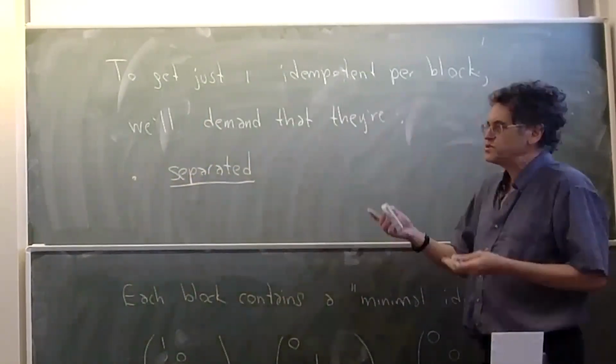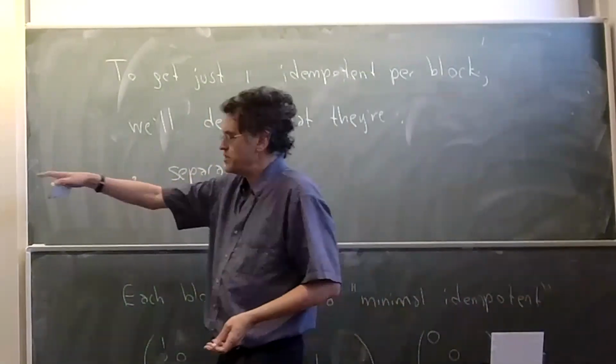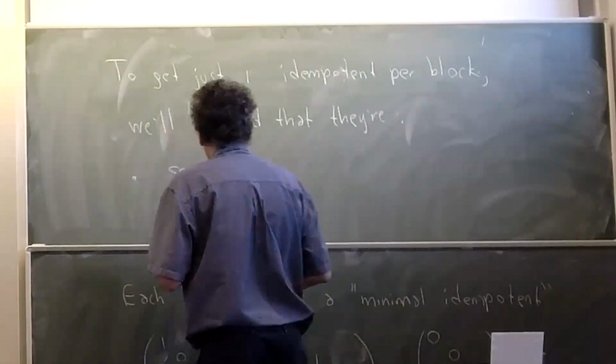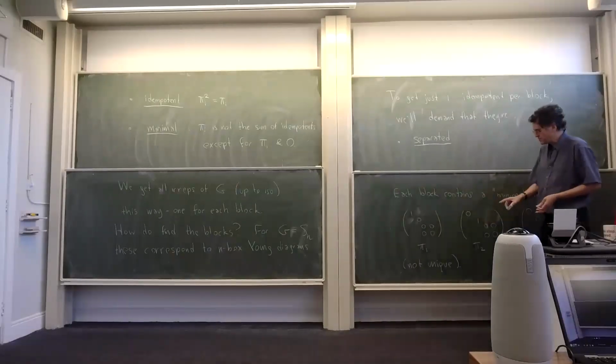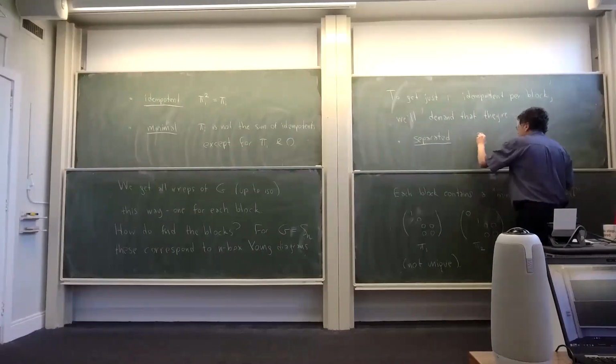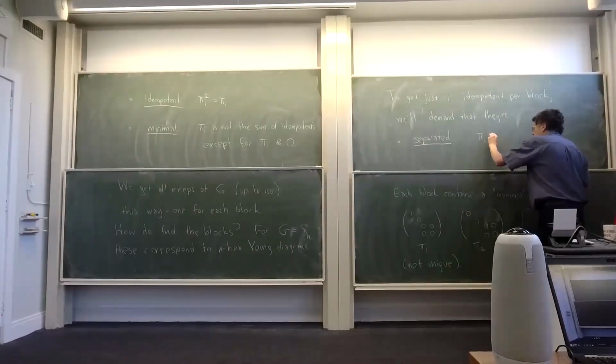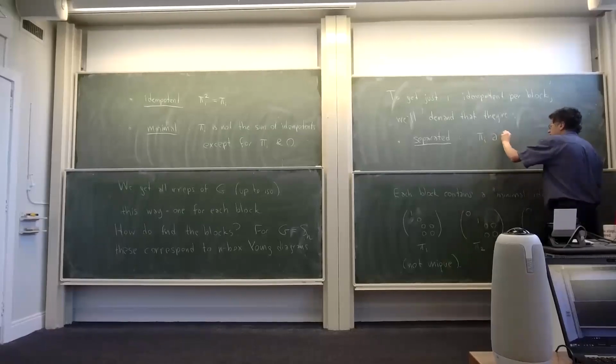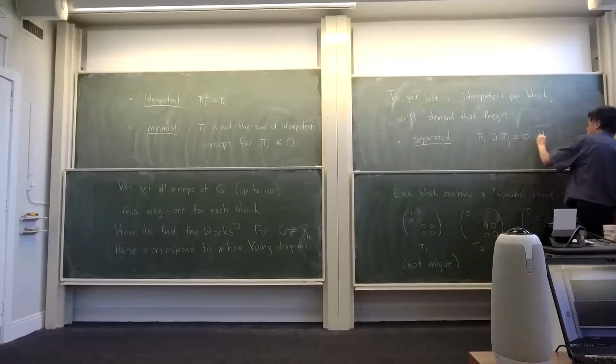It means that if we have two different of these idempotents, well, first of all, we want their product to be 0, but much stronger than that. We want it to be that if you multiply one of them and then anything in your group algebra and then another one, that you get 0.